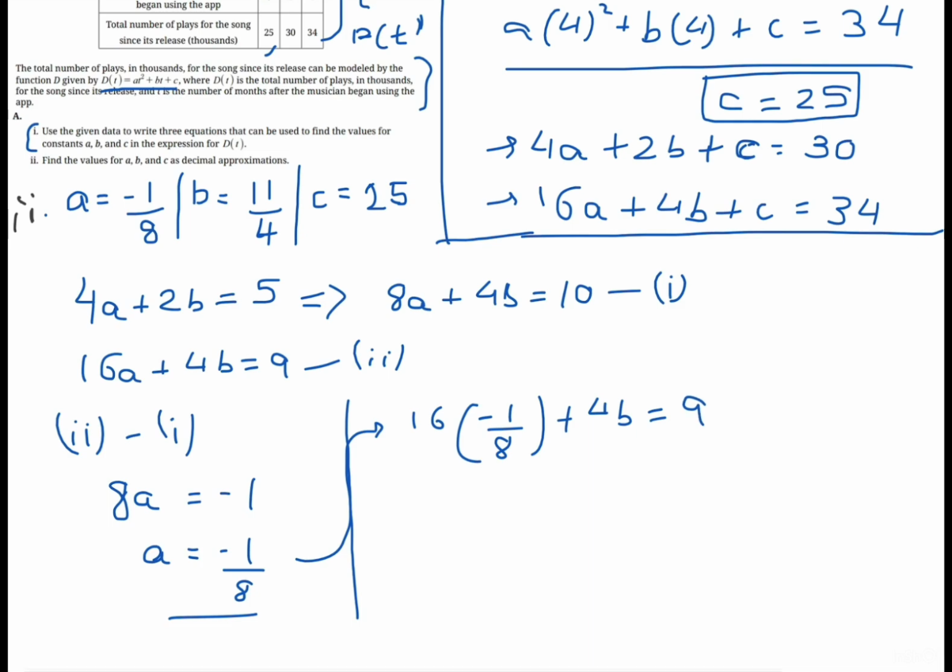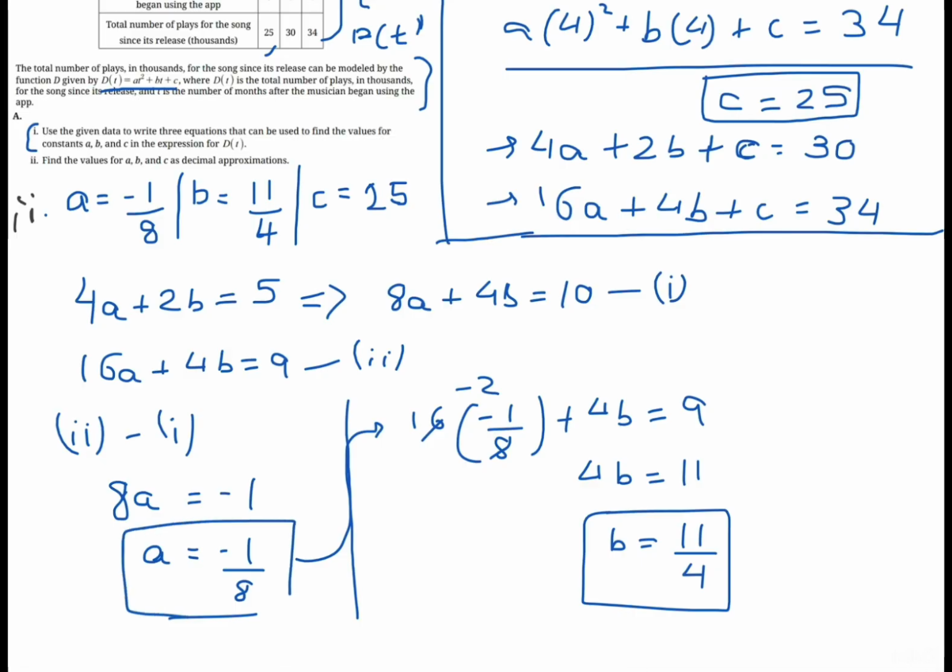Now this evaluates to negative 2, and if I add 2 to both sides, I have 4b is equal to 11, and if I divide both sides by 4, I have b is equal to 11 by 4, and that should be it. Convert them into decimals. Negative 1/8 should be negative 0.125, 11/4 should be 2.75, and c is 25. Here are your three values.